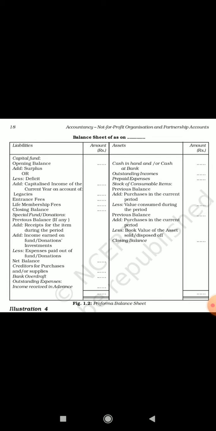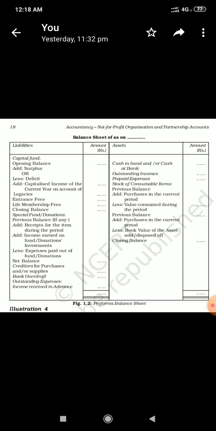First we present the capital fund: the opening balance, then add surplus or less deficit, then add capitalized income of the current year on account of legacy, entrance fee, life membership fee, then the closing balance. We are going to present this outside. Then special fund or donation: previous balance, last year's balance if any, then add receipts for the item during the period, any new donation or fund we are receiving.